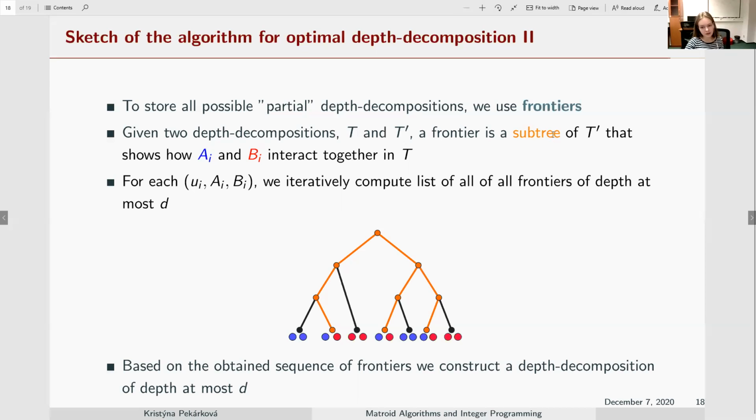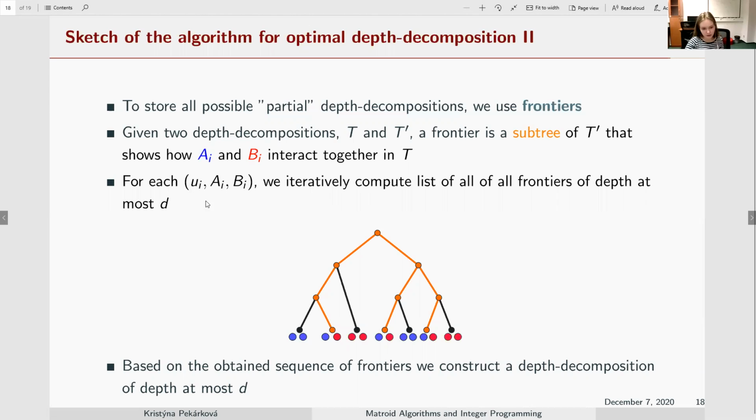Then the frontier is a subtree of T prime that shows us how this red and blue part interact together in T. The frontier splits our decomposition into two parts. If we have two decompositions with the same frontier, then we can take the left part from the first one and the right part from the second one, glue them together on the frontier, and obtain a valid decomposition. This is the main principle of the dynamic programming algorithm we construct.